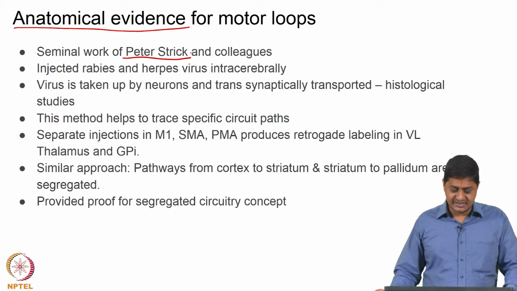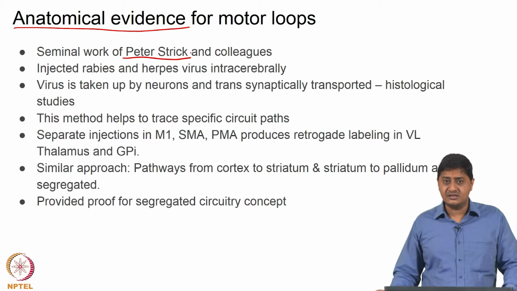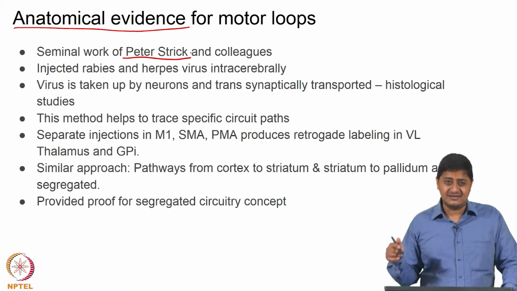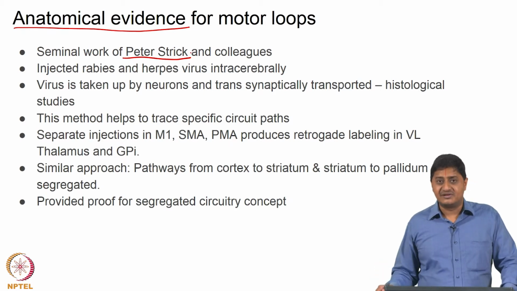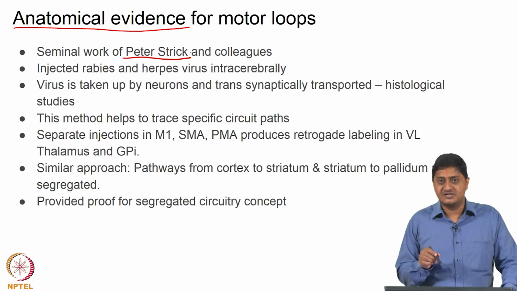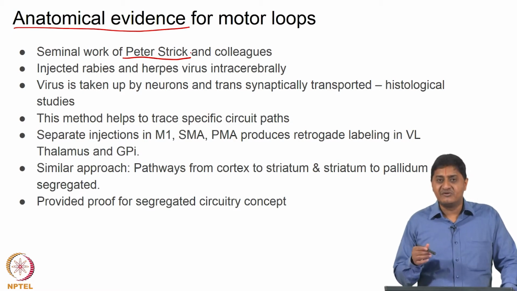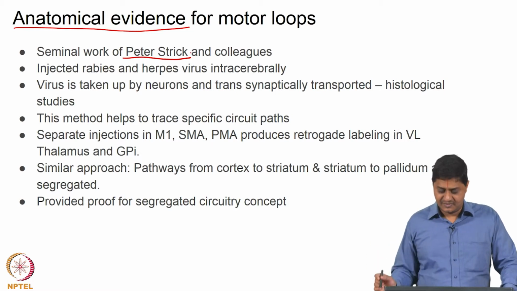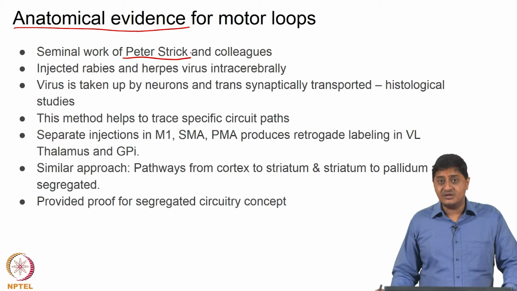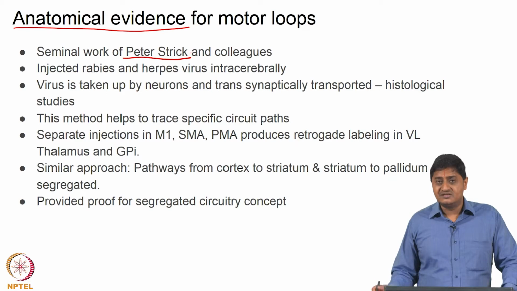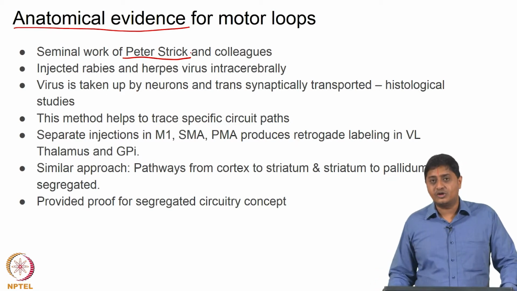So, this virus is taken up by neurons and transsynaptically transported, that means that they can cross the synapses. But it takes time, it does not happen instantaneously of course. So, as soon as the injection is given it takes anywhere between hours to days for these viruses to be transported, right. And it turns out that these viruses show up in specific manner in anatomical slicing.